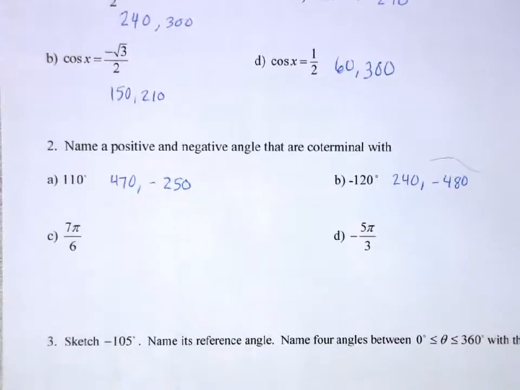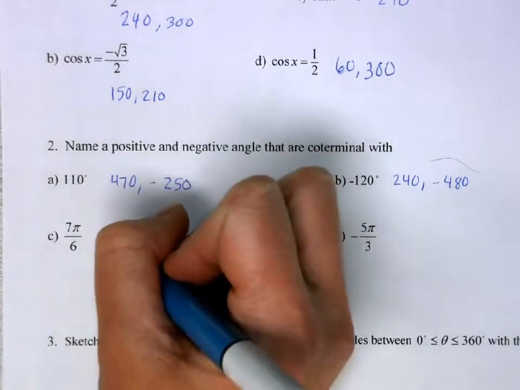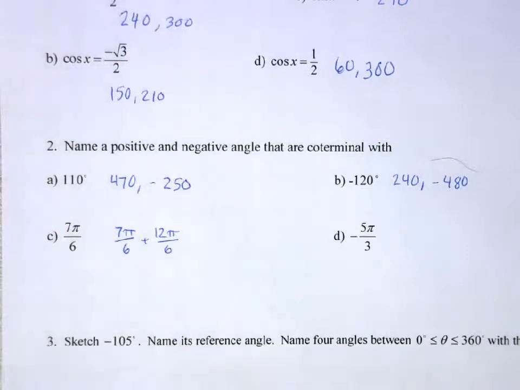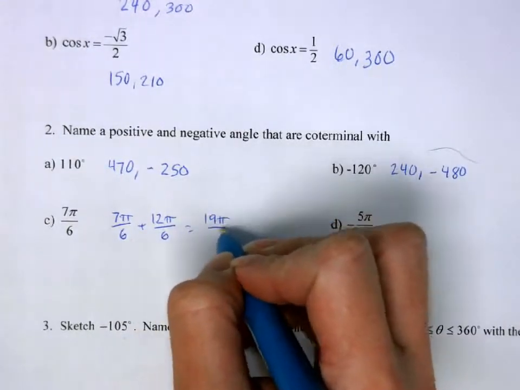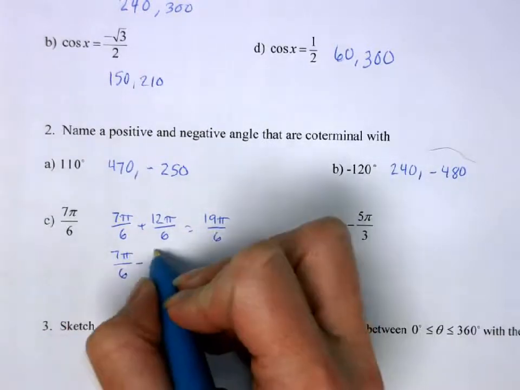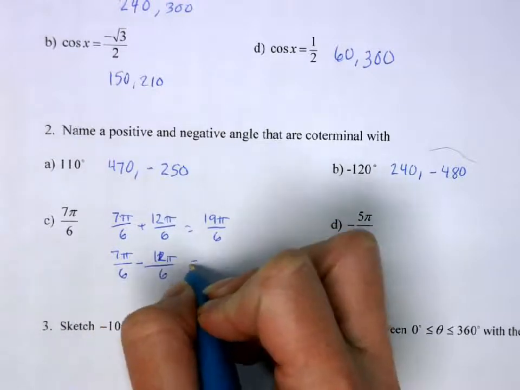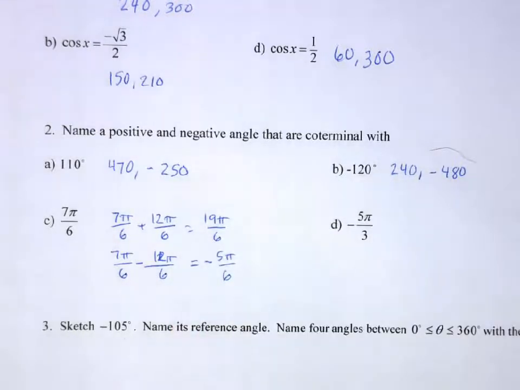For these ones, we're going to add 2 pi, but since it's a fraction, we're going to write 2 pi as a fraction with the same denominator. So 12 pi over 6 makes this 19 pi over 6, and 7 pi over 6 minus 12 pi over 6 is negative 5 pi over 6.